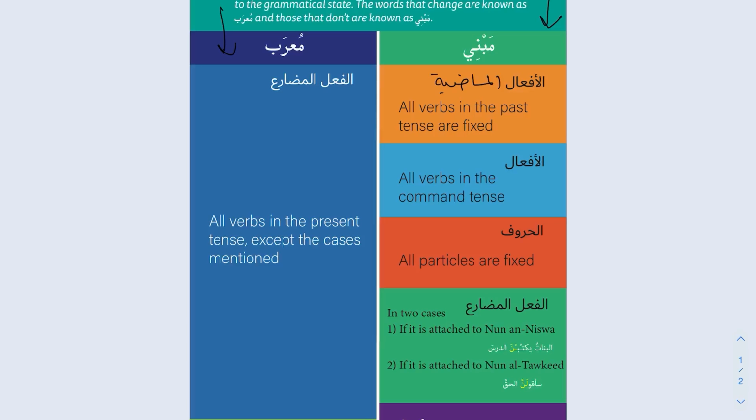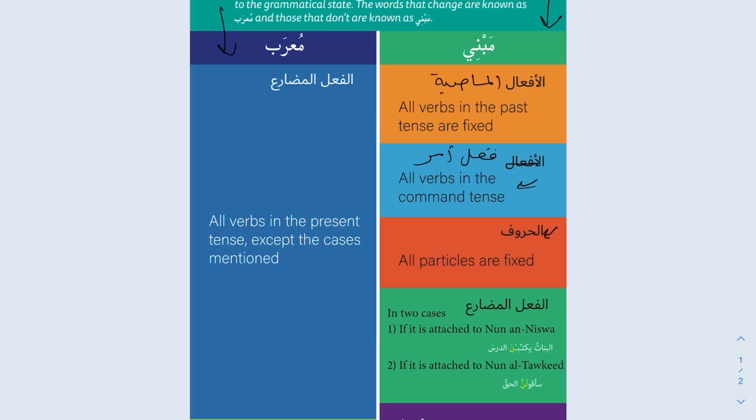Al-af'al al-amr, the command tense words. The fi'l amr, or the af'al al-amr, they are always going to be in the form of mabni. Okay.